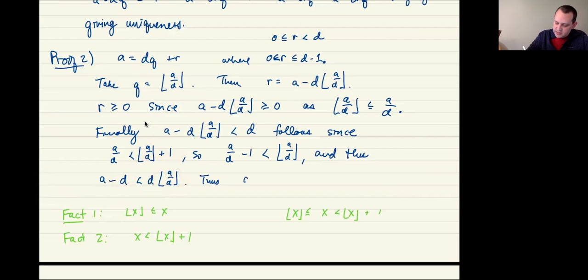That tells us that A minus D times the floor of A over D is less than D. That's perfect, that's exactly what we wanted, because this left side is R. So R has to be strictly less than D, and that's exactly enough. Both of these ideas are important enough that they deserve their own proof, so here are two different proofs of a fact that we kind of take for granted.